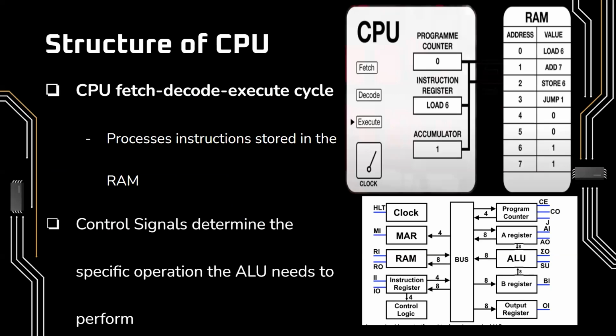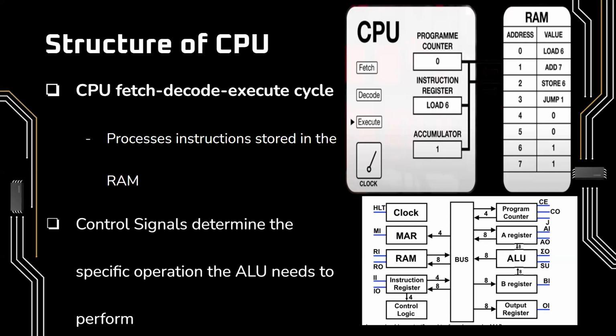So moving on to the CPU, this is a very important part of the computer. It's called the central processing unit because it performs all the instructions needed to keep the computer running. It does the fetch, decode, execute cycle. As you can see here in the diagram, there are three components. We have a clock, and with each tick of the clock, we go through one step of the fetch, decode, execute cycle.